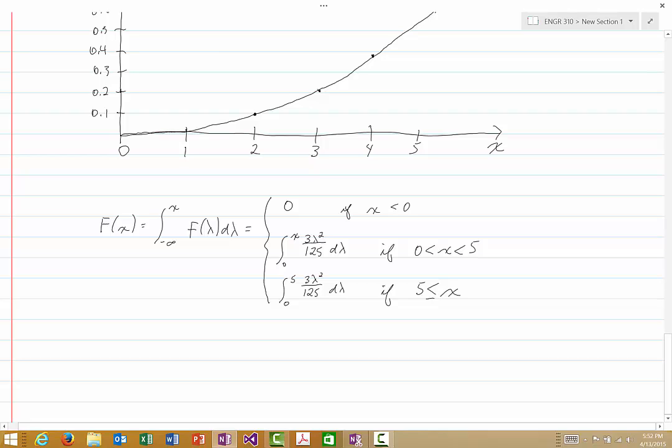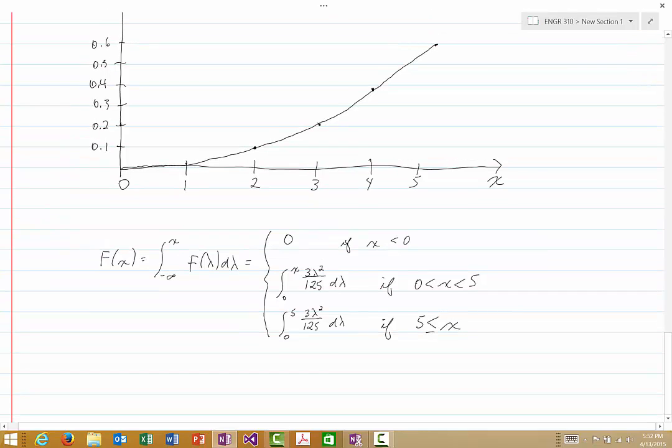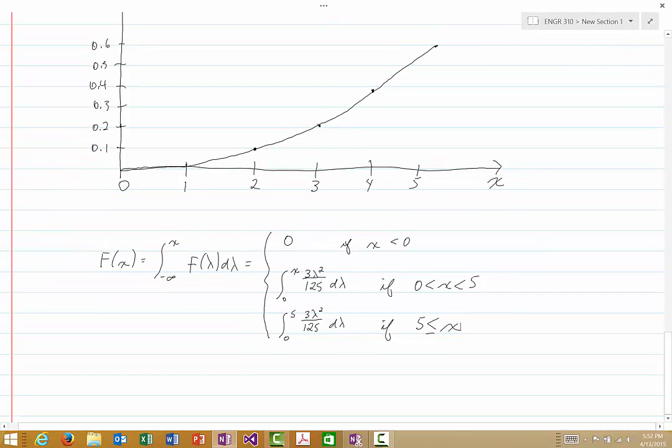On the other hand, let's drop down now to the third line. If little x is somewhere over here to the right of 5, then we're integrating from negative infinity, and we're going to get this whole area here. And then we'll also extend over into this region where little f is back equal to 0 again. Now we don't have to include that, because when we integrate 0 we don't get anything, but we do need to include this whole region where little f is non-zero.